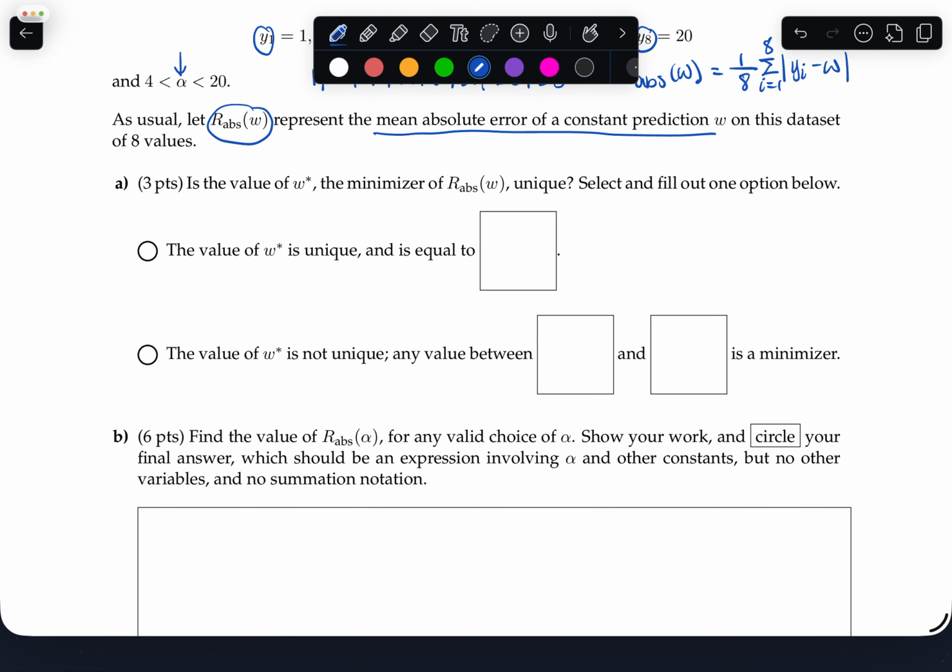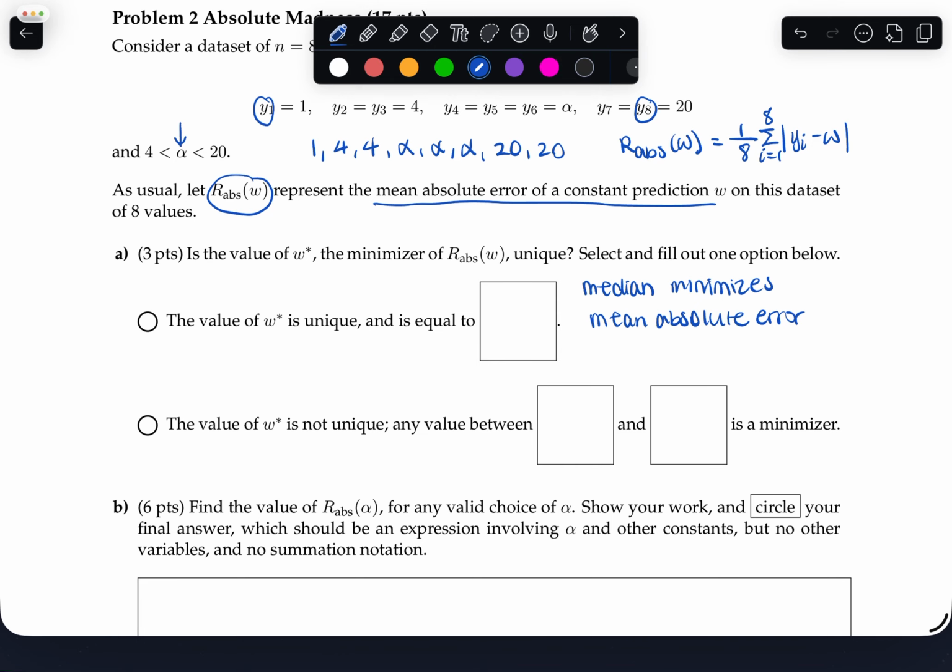So moving on to part A, let's remember a key fact about MAE: the constant that minimizes it is the median of the data set. So we can write down: median minimizes mean absolute error. Now we just need to find the median of our data set right here.